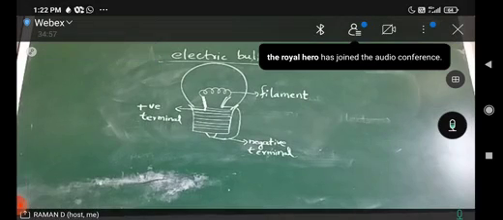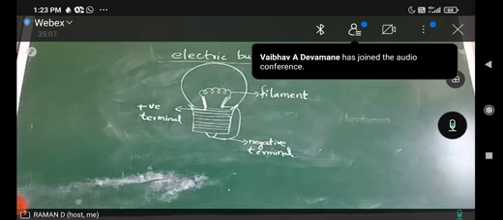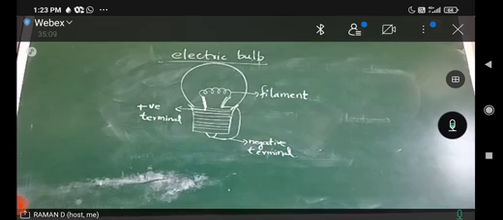If you take an electric bulb, in the bulb you can see a thin wire, and whenever you switch on, that thin wire will glow and give off light.